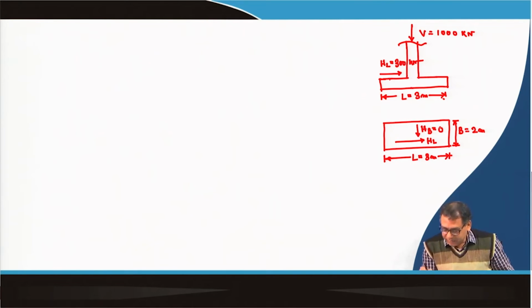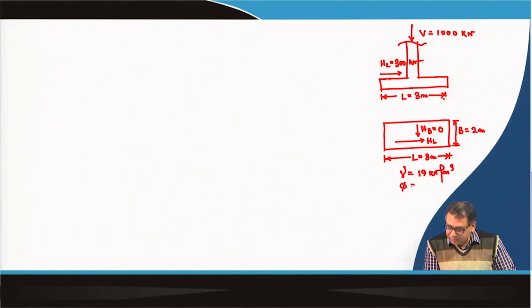So, that means this is the case, and then my soil property, unit weight of the soil is 19 kilonewton per meter cube. Phi value is equal to 40 degree, C value is equal to 0, water table is not considered. Okay.